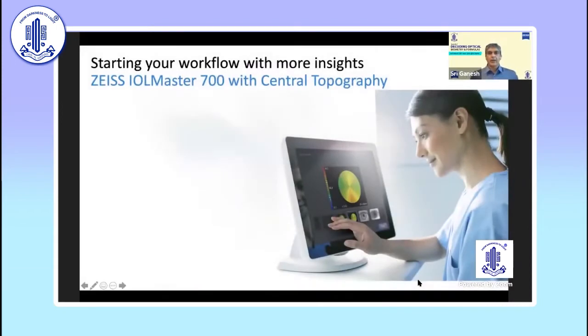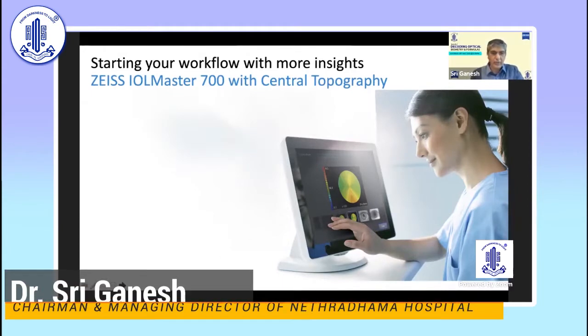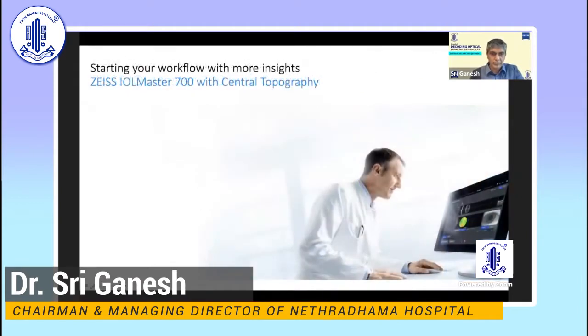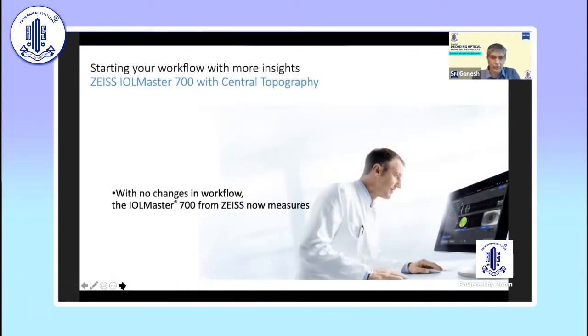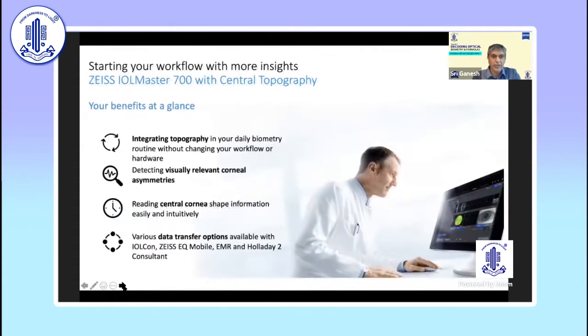Yes. So the IOLMASTER 700 now has a new update. It comes with central topography, and basically there is no change in workflow. So you can use the IOLMASTER as you are using it right now, but central topography is incorporated in the workflow.